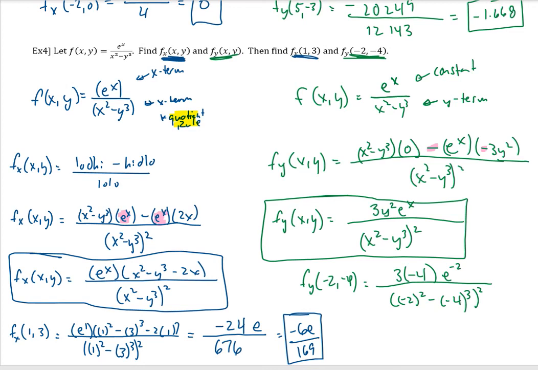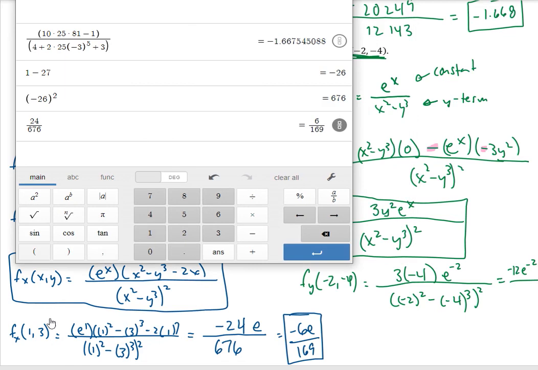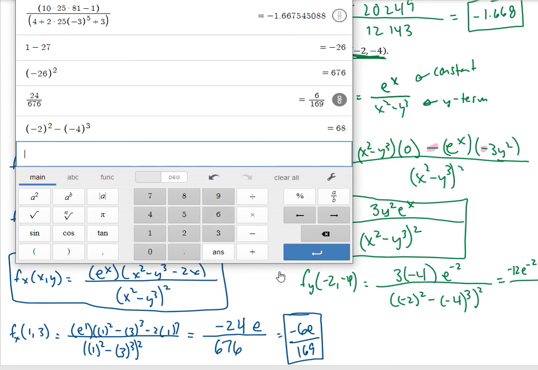Okay, and now it just looks like I need to simplify a little bit more. Up top is negative 12 e to the negative 2. The denominator, I'm going to use my calculator again for help. Let's just plug that all in. So I have parentheses negative 2 getting squared, and then minus negative 4 in parentheses raised to the third, and that's 68, and then 68 will get squared, which gives us 4,624.